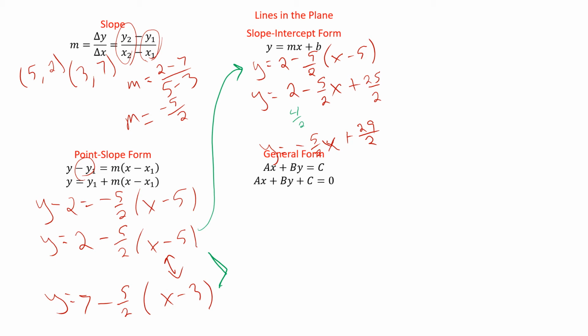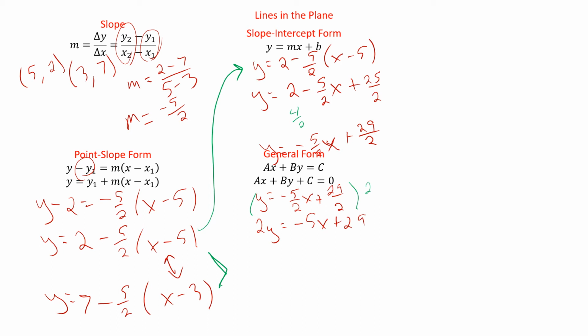So to do that, I'm just going to rewrite this so that we can actually see it, because it's a little bit covered up here. y equals negative 5 halves x plus 29 halves. The very first step is to multiply by the common denominator, which is 2 in this case. And so that gives us 2y equals negative 5x plus 29.